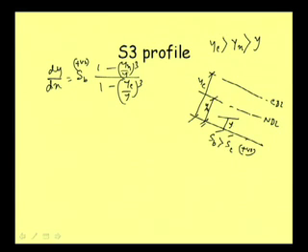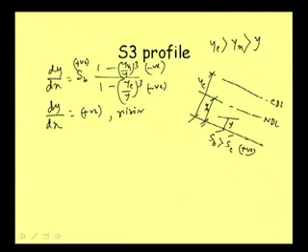So, the ratio yn by y will be greater than 1. So, 1 minus something greater than 1 will be negative, and in the denominator also yc is greater than y, so it will also be negative, and finally, what we are getting is that dy/dx is positive. So, it is a rising profile.